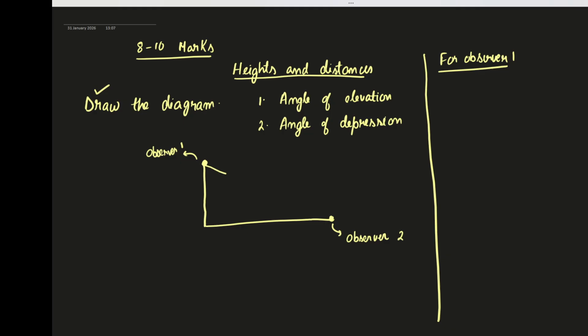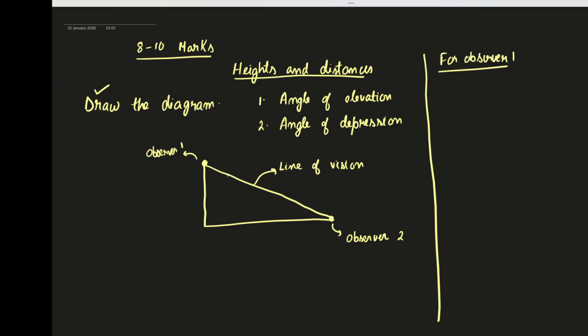So this becomes my line of vision. And this is also the line of vision for observer 2, who is standing on the ground and looking at observer 1 standing on top of the building. So the line of vision for both observers is the same.